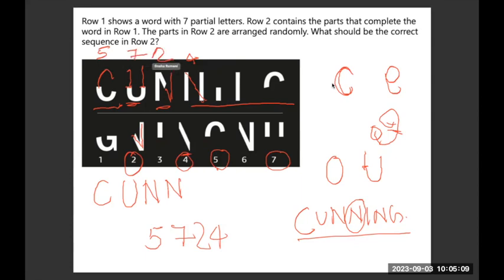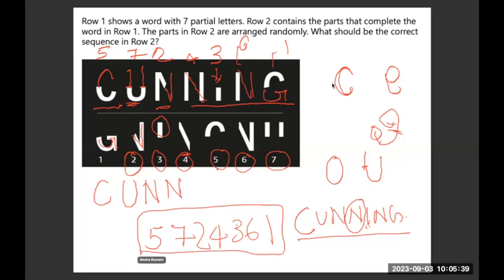In that case, if this is I, this part will come here, which is 3. Here N again comes, which means number 6 is still left. So 6 will come here, which is this part. And the last part is the G part here, just 1. So this is the answer, 5724361.